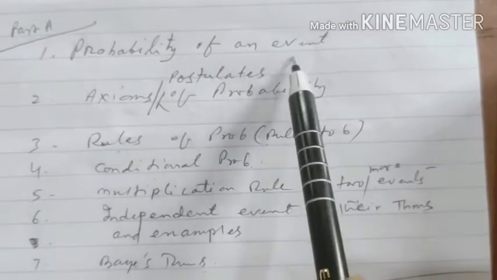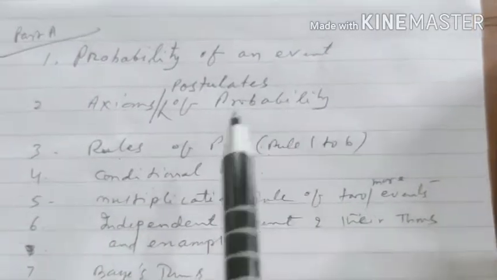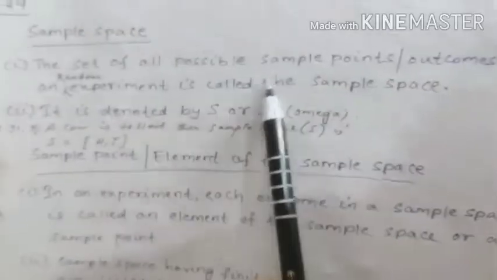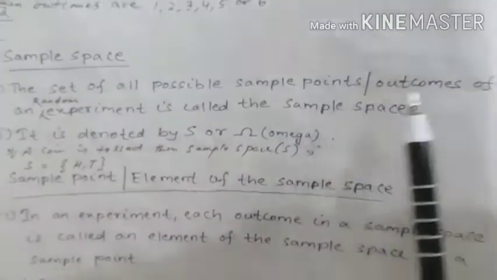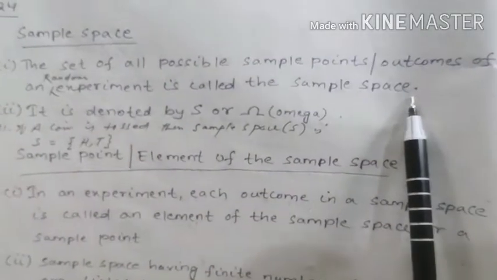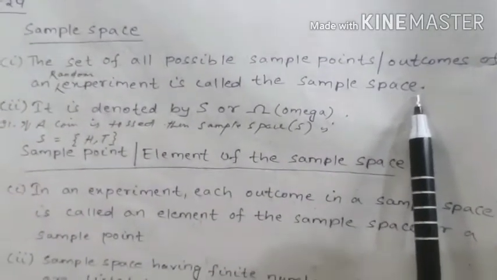before probability of an event, we have to go to sample space. What is sample space? The set of all possible sample points or outcomes of a random experiment is called the sample space. Already discussed what is random experiment.